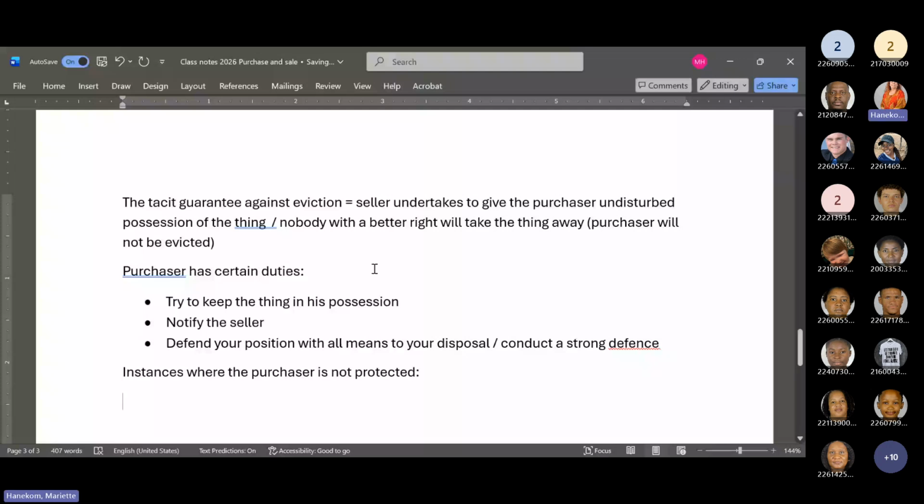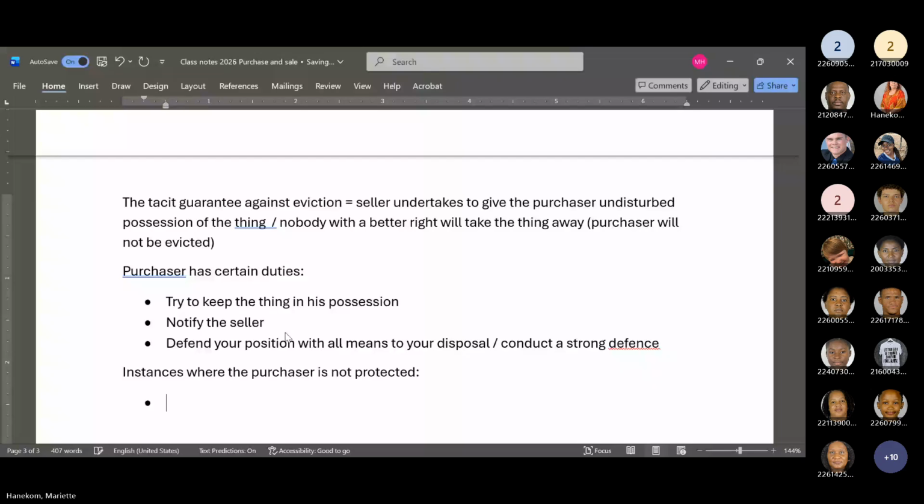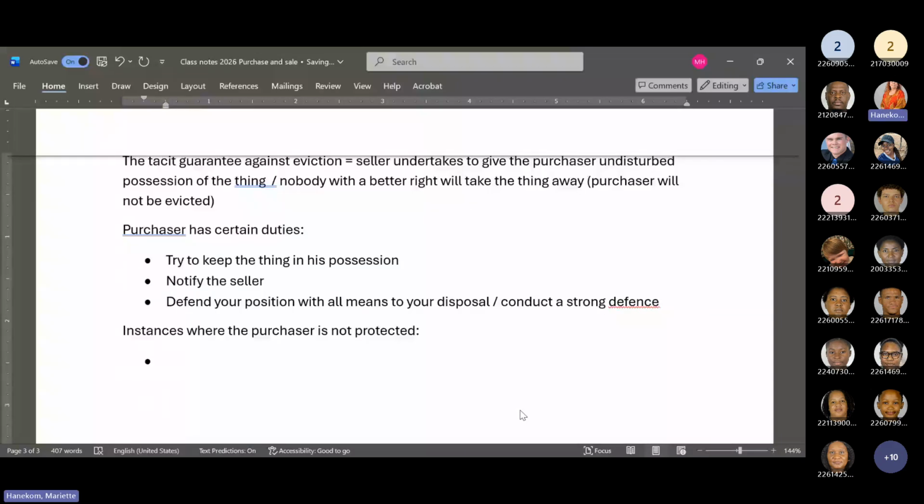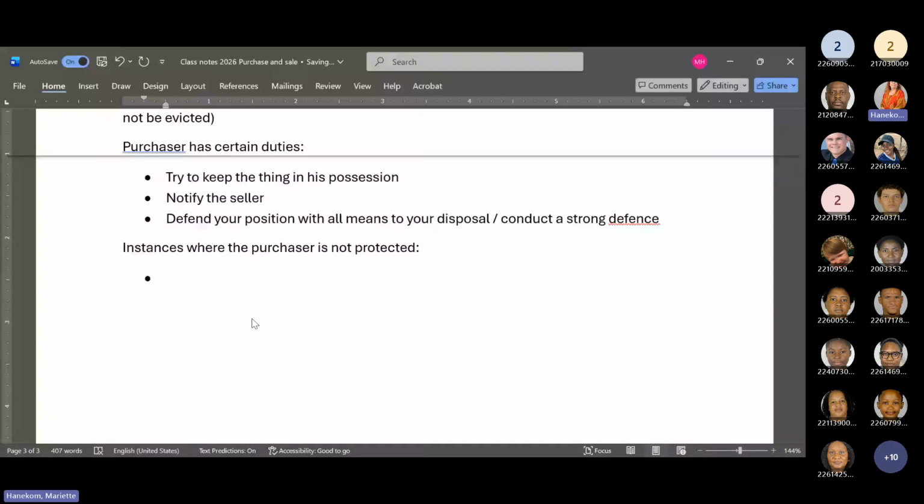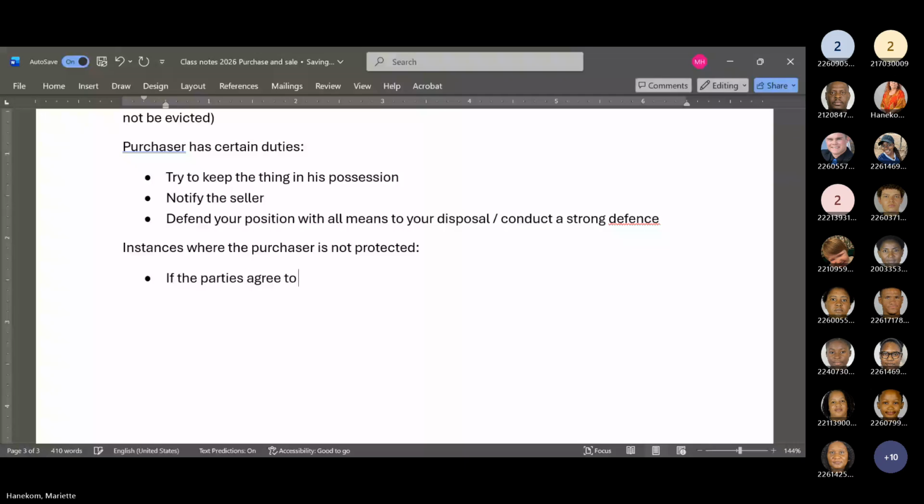Instances where the purchaser is not protected: firstly, if the parties agree to exclude the guarantee.